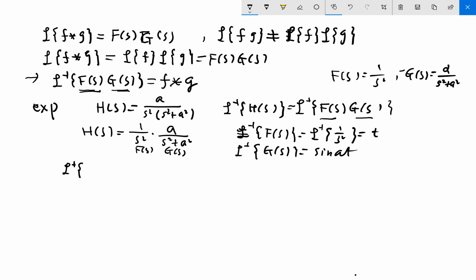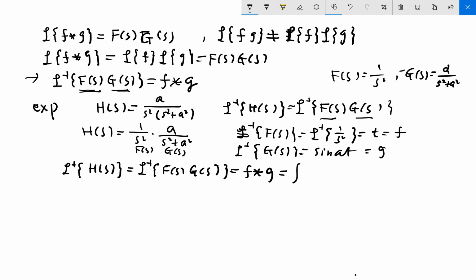Therefore, the inverse Laplace transform of capital H(s) is the inverse Laplace transform of F(s) times G(s), which is equal to f convolved with g. For our case, this is my f, this is my g. So the integral from 0 to t of (t minus tau) times sine a tau d tau.